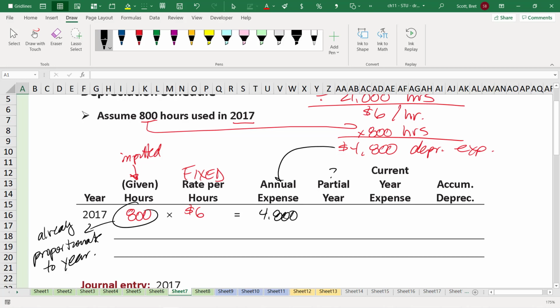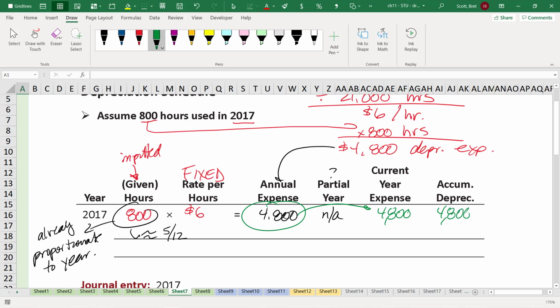So we can say that, hey, 800 hours probably approximates 5/12 of the year's worth of productivity. So we don't need to worry about this. Just put a little not applicable right there in that column. In which case we can just carry the 4,800 over and say that's our current year expense.